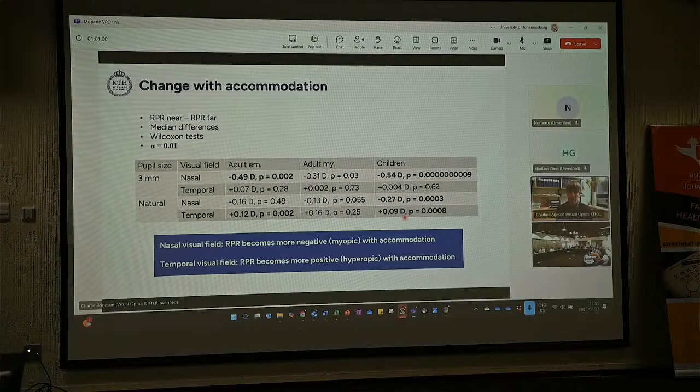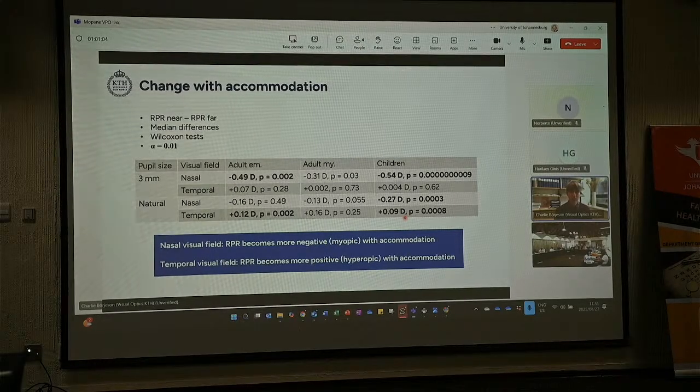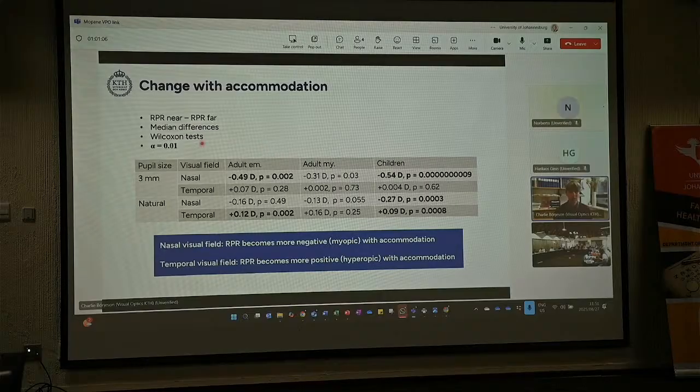If we look at the change with accommodation, we see here that the difference between the near and the far measurements was negative in the nasal visual field, both for the 3 millimeter case and the natural case. So it became more negative in all groups, both for 3 millimeter and natural pupil cases.